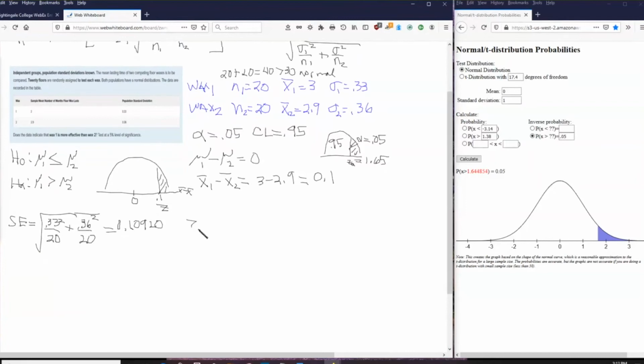So my z-score is going to be calculated by taking the difference of the two sample means, which is 0.1, minus the difference of the population means, which was 0, divided by my standard deviation, which was 0.10920. That gives 0.91575.